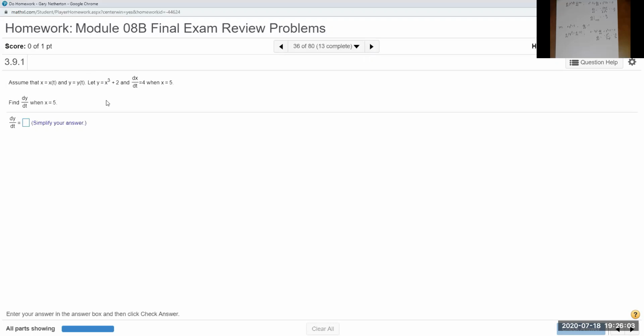So the easiest way is probably to do it, and then you'll see that it's not that hard. Let me write down this equation, y equals x cubed plus 2. They give us information: dx/dt equals 4 when x is 5.